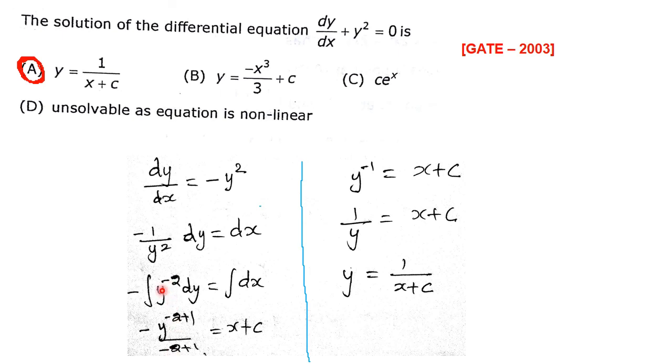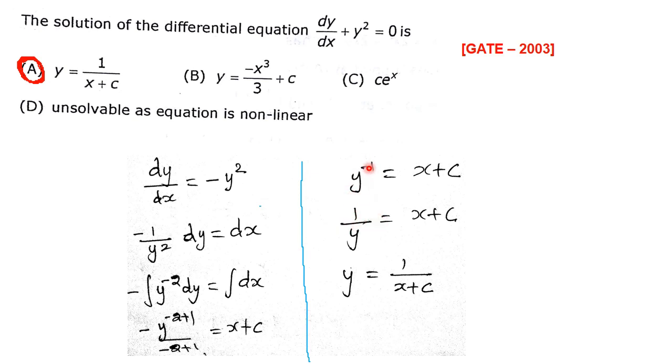With the same formula, the integration of y power minus 2 is y power minus 2 plus 1 divided by minus 2 plus 1. Here minus 2 plus 1 is equal to minus 1, and minus and minus make plus. So y power minus 1 is equal to the integral of dx, which is x plus general constant c.